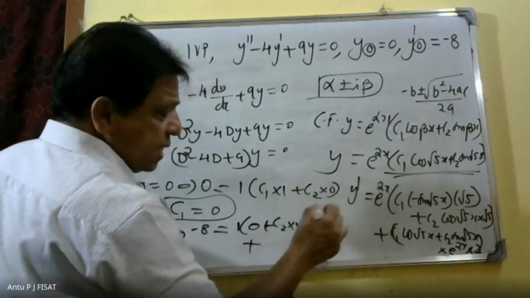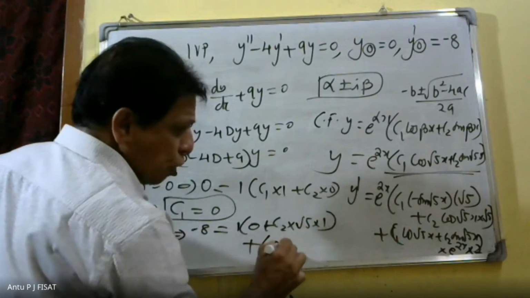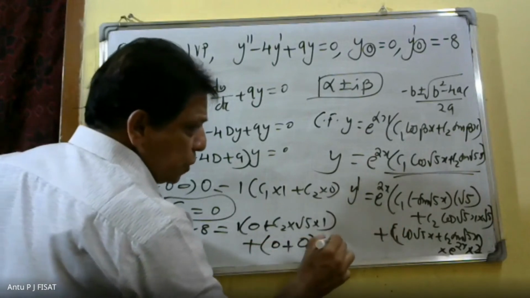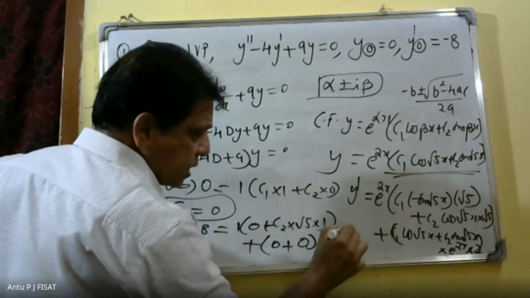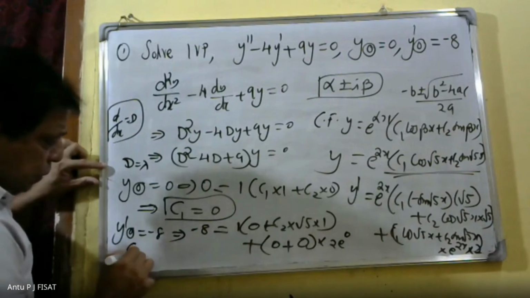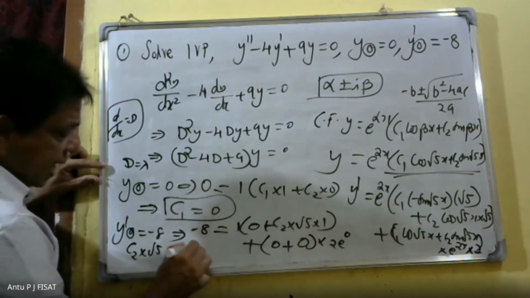In the second part, c1 is 0 and c2 into sin 0 is 0, so the second term is 0. Therefore, c2 into root 5 is equal to minus 8.